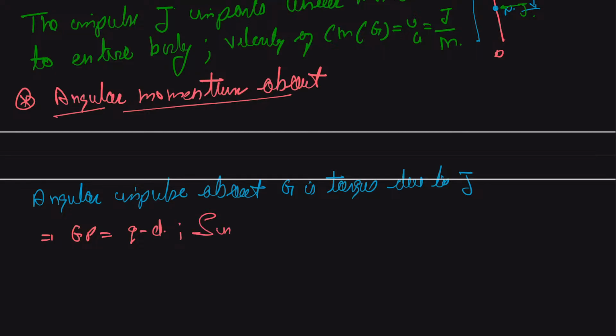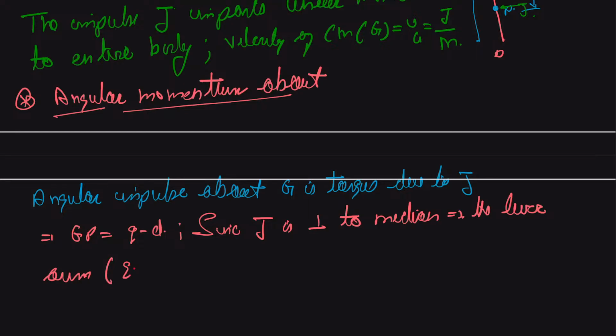Since J is perpendicular to the median, the lever arm will be our Q minus d.